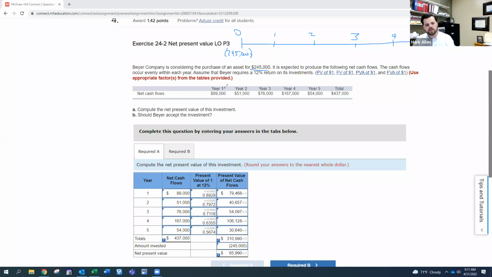But notice what happens. We get $89,000 in cash flow, but that happens at the end of the next year, which means that's not going to be worth as much as $89,000 if we got it today. And there's several reasons for this. The 2 biggest are things like potential inflation and the loss of investment.